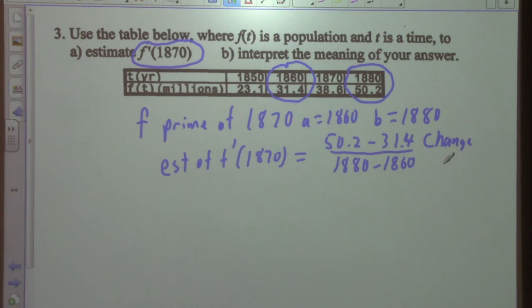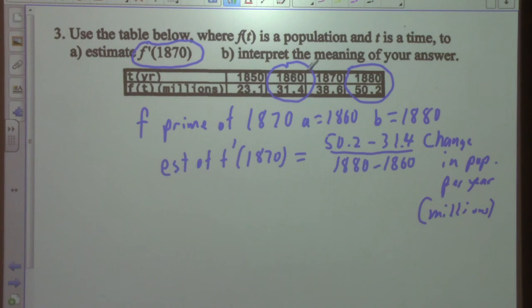Change in population per year. And then the unit's going to be millions, right? Change in population per year, in millions. So this is what that's going to be when you work it out.